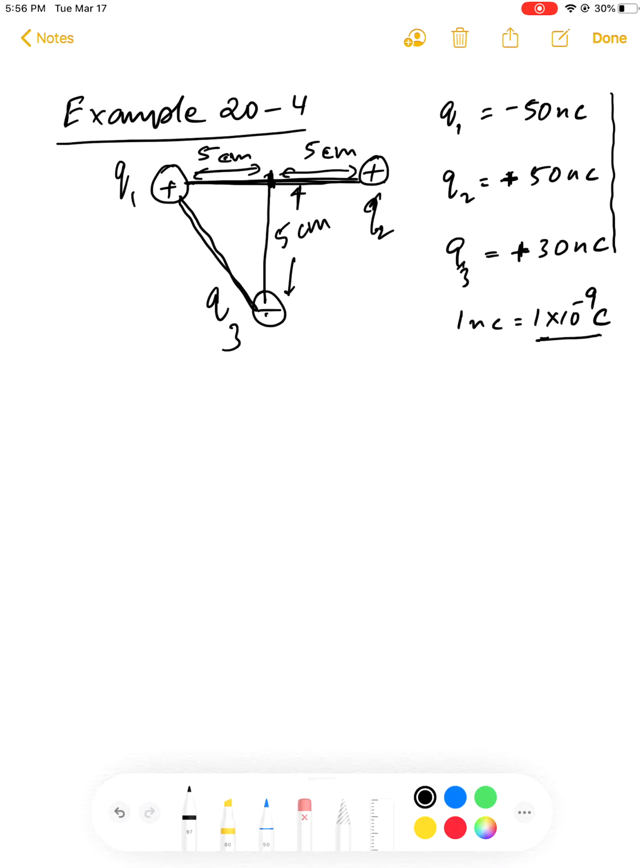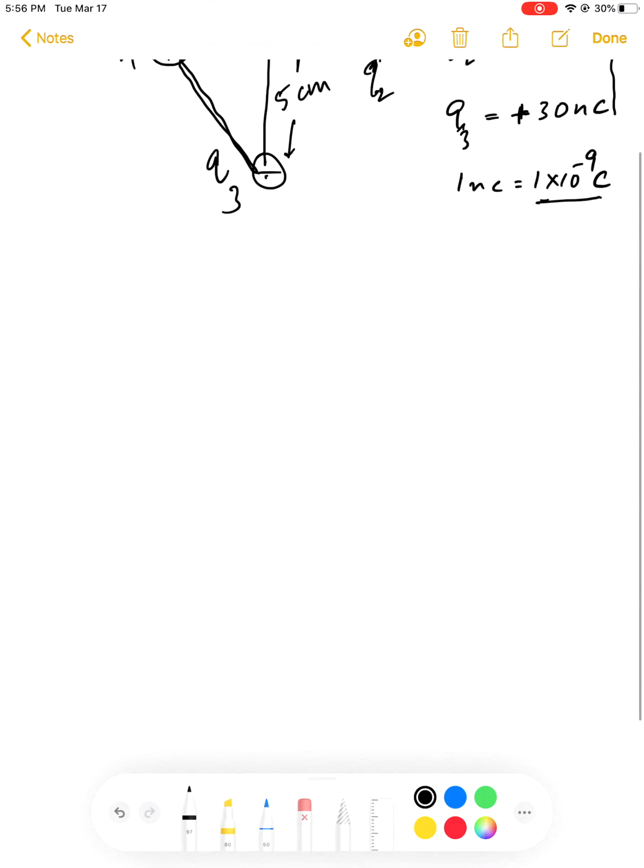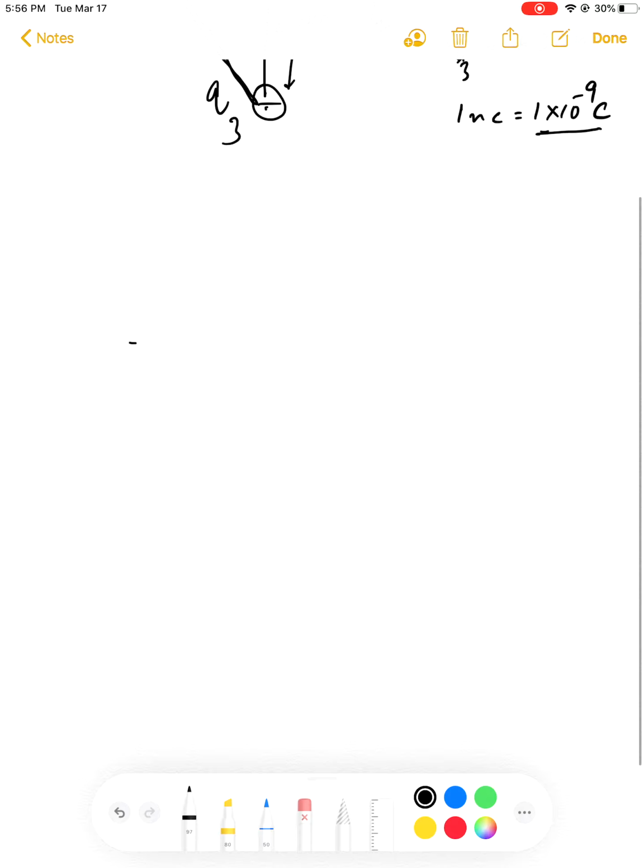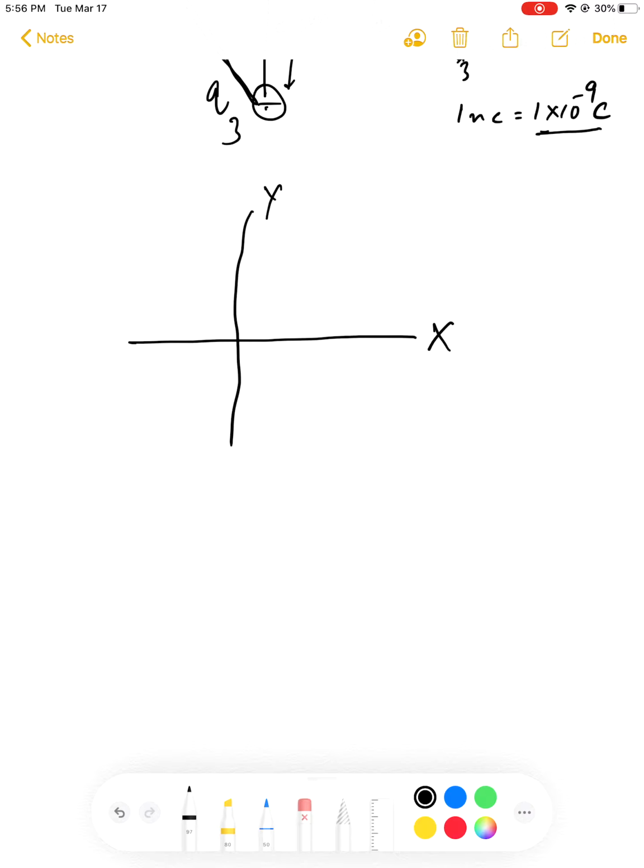So I'm going to represent this problem in a slightly more convenient form, putting them in X and Y coordinates, where I have Q1, Q2, and then somewhere here, Q3.